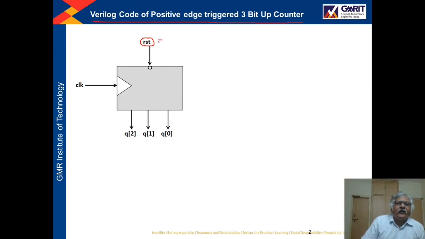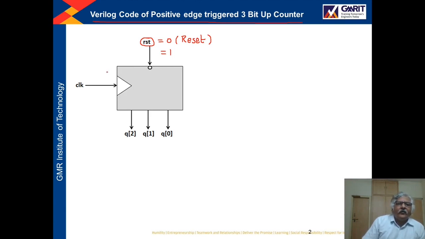If this RST input is 0, then the counter will reset, right? Reset means the output of the counter will become 0. And if this reset input is 1, then this counter will perform the normal operation.